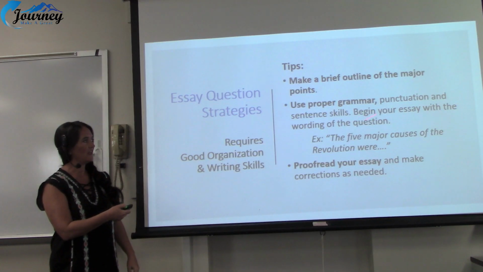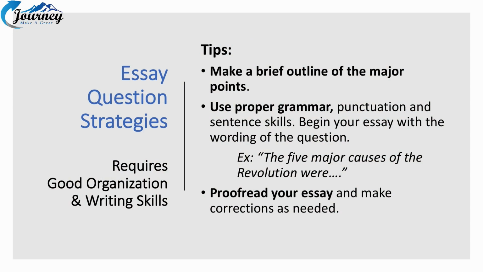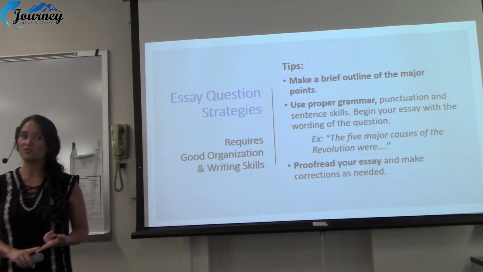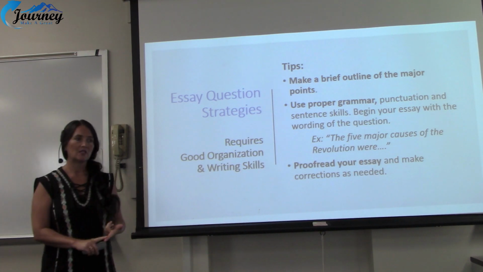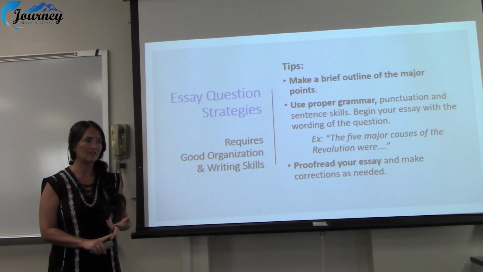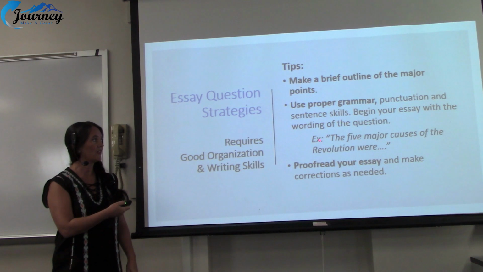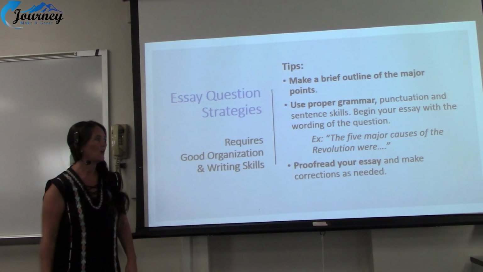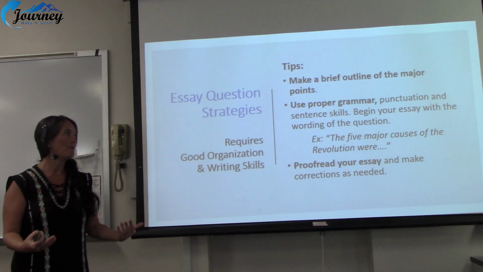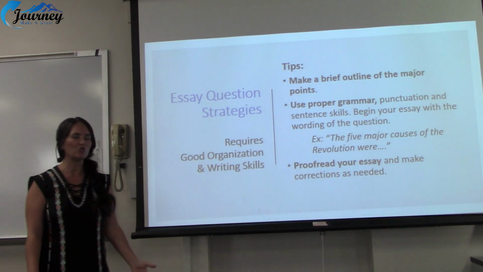And jot this down. Begin your essay with the wording of the question. Number one, that clarifies that you understood the question, and it's a great way to begin an essay answer. If the essay question was, what are the major causes of the revolution?